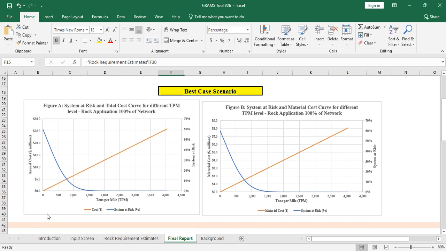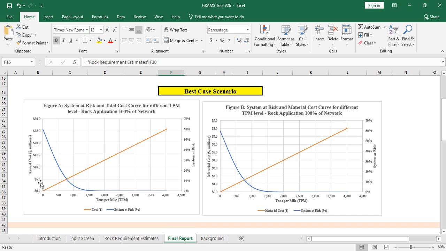If we want to read this graph, we have to start from the x-axis and go straight in the vertical direction. For example, if we pick 500 TPM and go up, we get to the orange line. This indicates the cost for 500 TPM. We can read this value right from here.